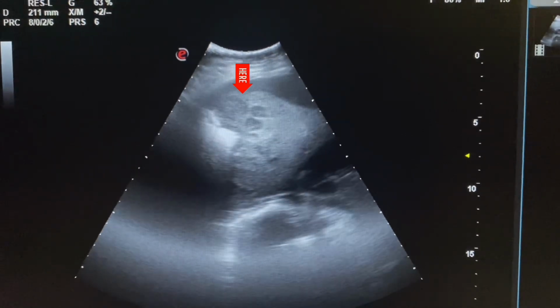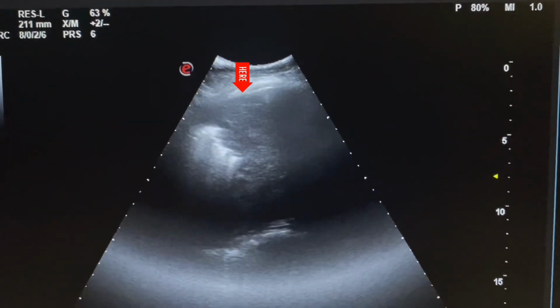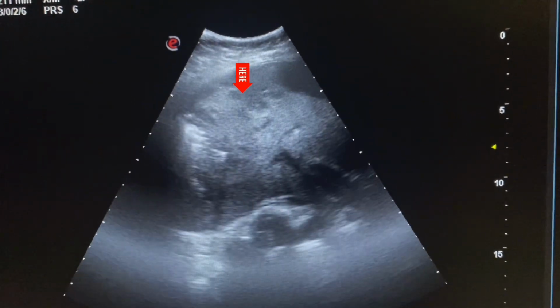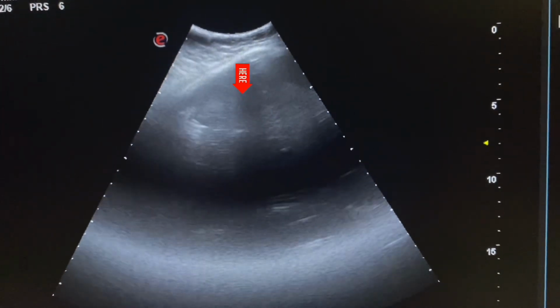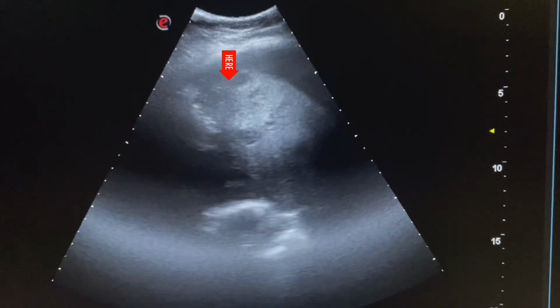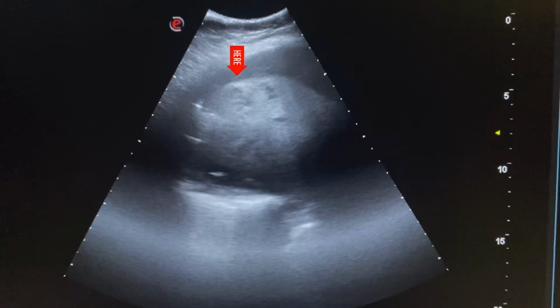Now we see the multiple hypoechoic focal lesions as we are scanning between the ribs. So it is difficult to properly visualize the focal lesions as rib shadows also create hindrance.